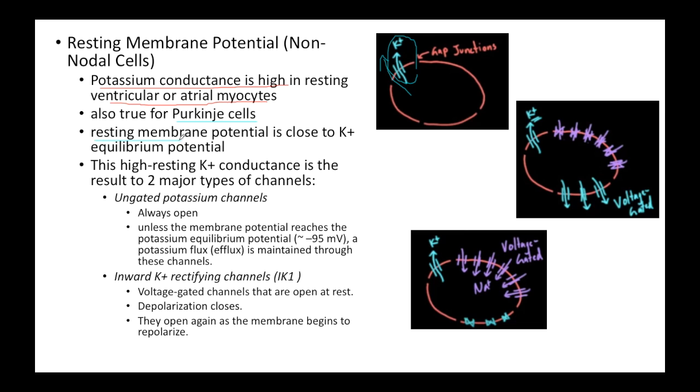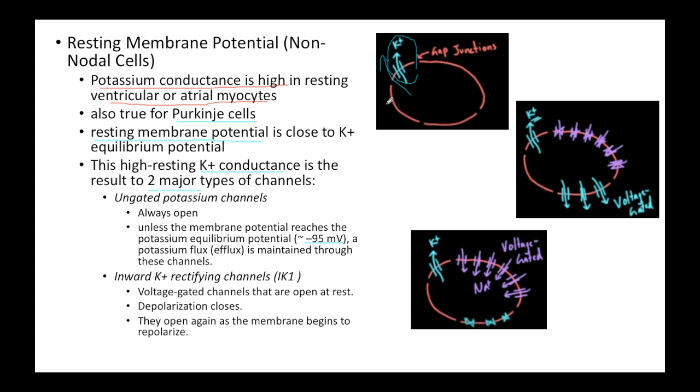And the resting membrane potential is fairly close to the potassium equilibrium potential, which is -95. So it doesn't take too much to start an action potential because of that. Also note that this high potassium conductance occurs because there are two major types of channels.